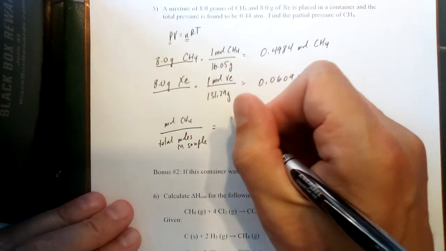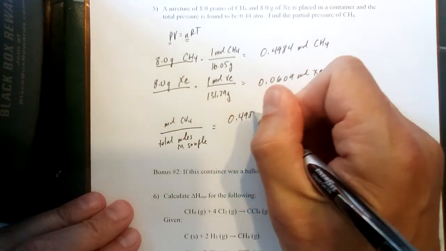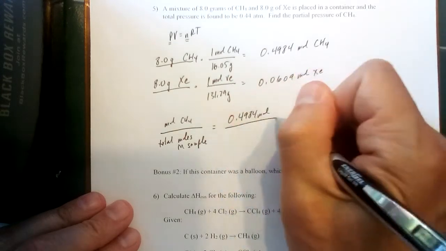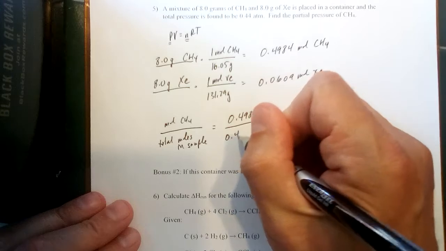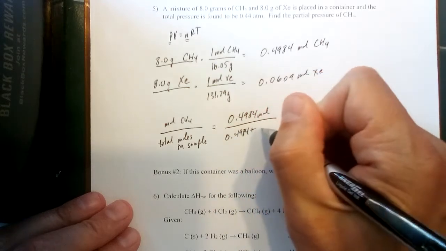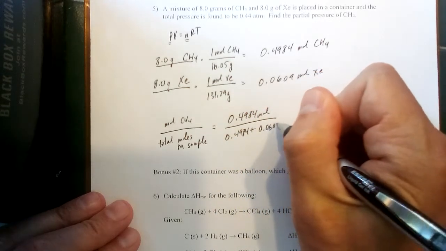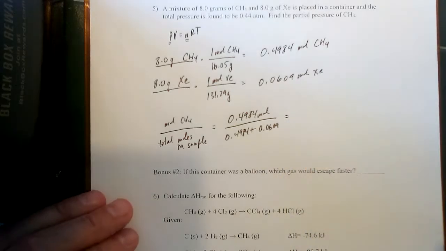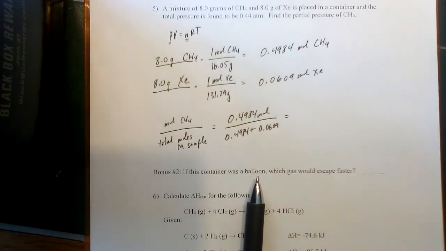So that's 0.4984 moles of methane, divided by 0.4984 plus 0.0609, which would be the total number of moles. I'm going to use the parentheses on my calculator here, so I can add those numbers on the bottom and have them stay on the bottom.